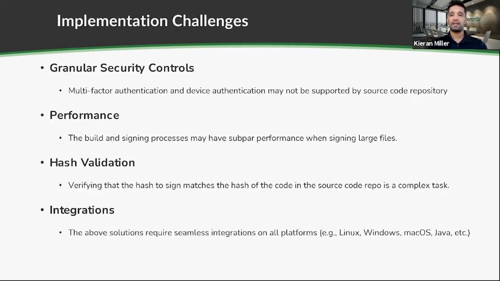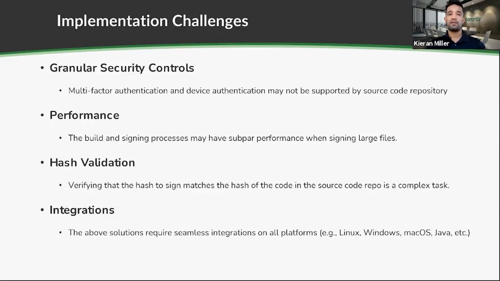So now, let's say hypothetically you could build that out. You're still going to run into some challenges. For example, in protecting the source code repository, what if your source code repository doesn't even support multi-factor authentication? It's very popular now to be in the cloud using a third-party hosted source code repository.